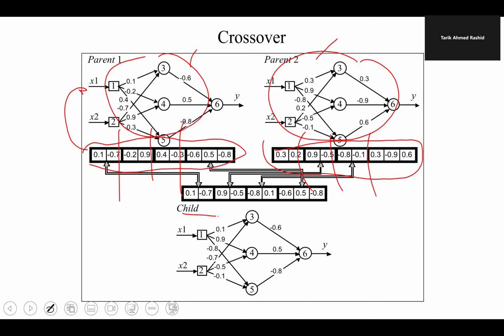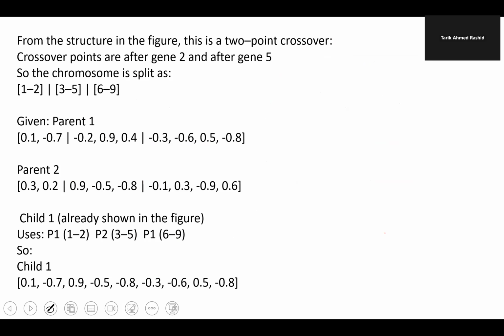For example, this bit represents these 2 bits, and this represents that one here, and the rest will represent here. This bit represents that. So now from this parent and this parent, we can produce an offspring, a child, this child. To make this process much easier, I'll do it in this way.